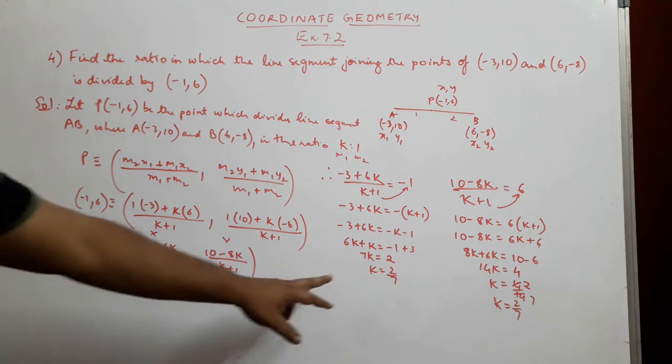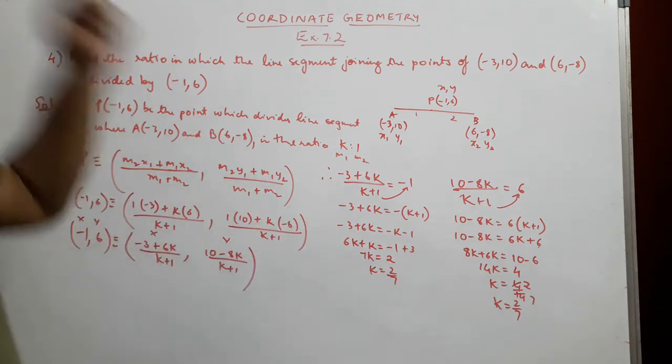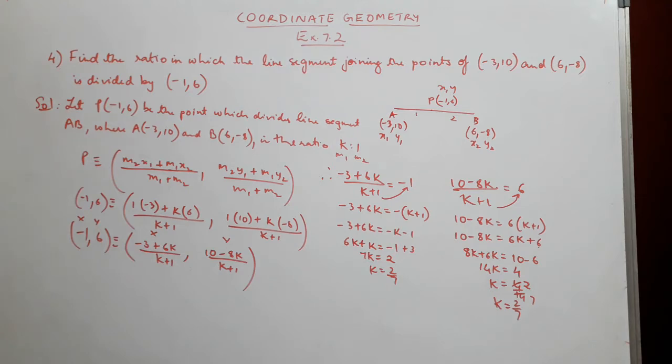Now that we have got the value of k, we can find out the ratio in which the line segment AB is divided.